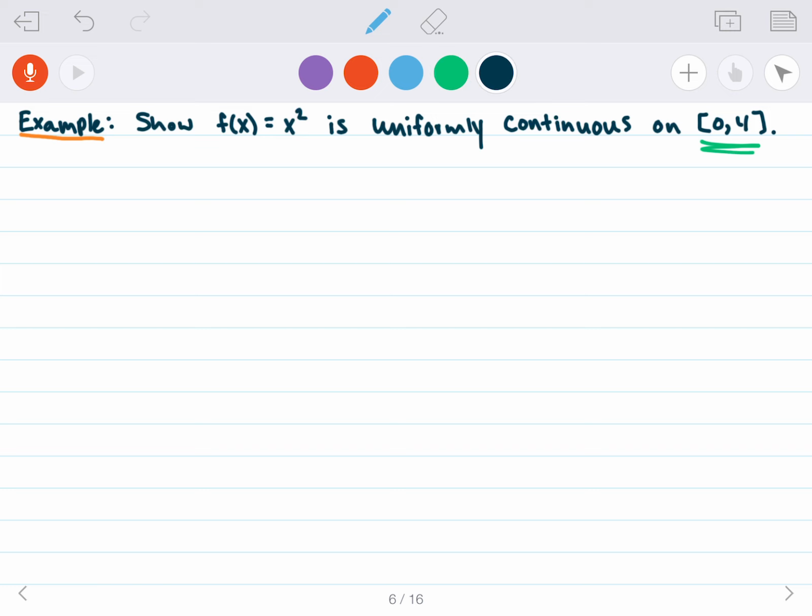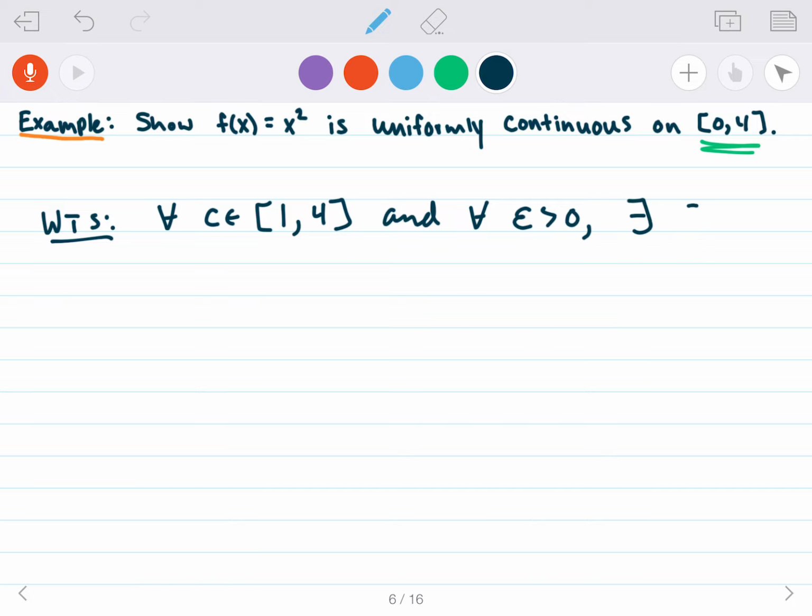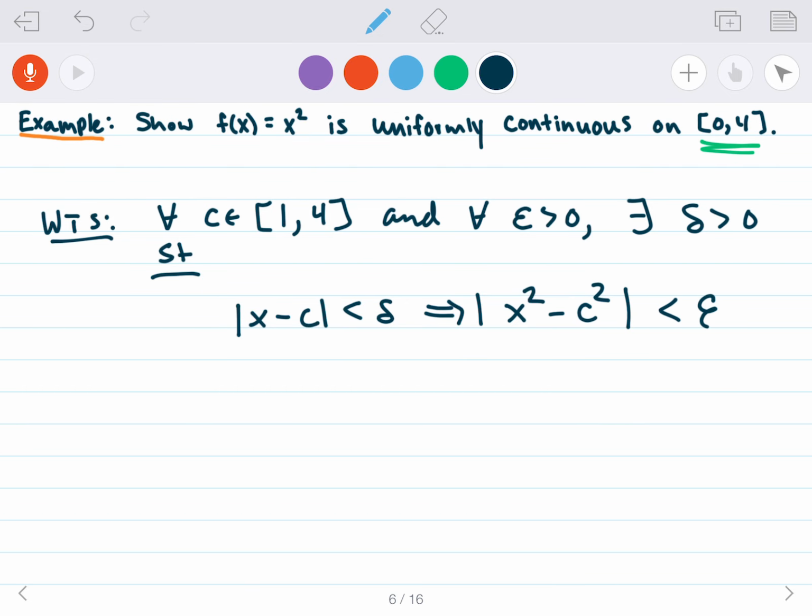Okay, so we want to show that for all c in our interval that we're given, 1 to 4, and for all epsilon bigger than 0, there's a single delta that depends on epsilon. So there's a single delta such that |x minus c| less than delta is going to imply that |f(x) minus f(c)| is less than epsilon.